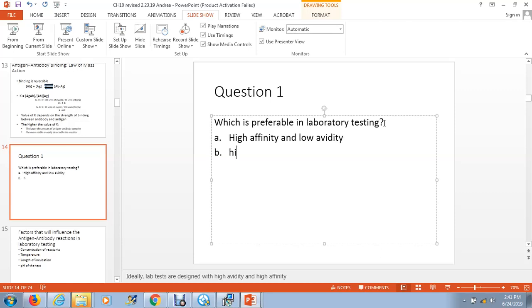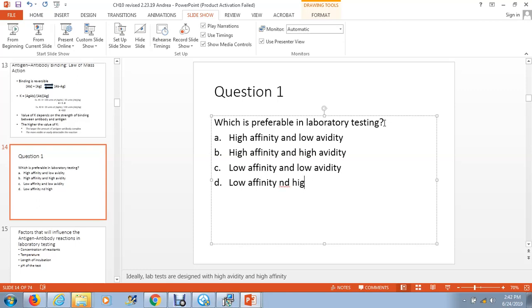B, high affinity and high avidity. C, low affinity and low avidity, or D, low affinity and high avidity. Which would be preferential?